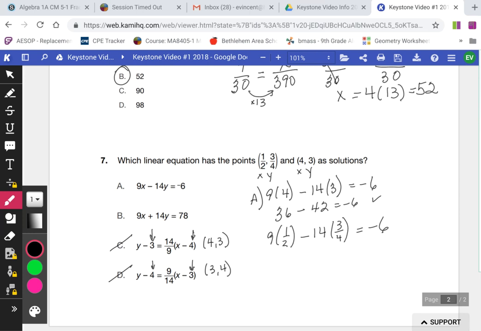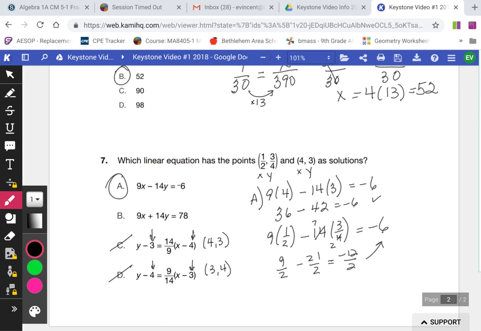So we have 9/2 minus, and I'm going to do some simplifying here. If you have your calculator, you can certainly do that as well. 21/2. Since the same denominator, I can take 9 minus 21, which gives me -12 divided by 2, and that gives me -6. So it looks like A is the correct answer.